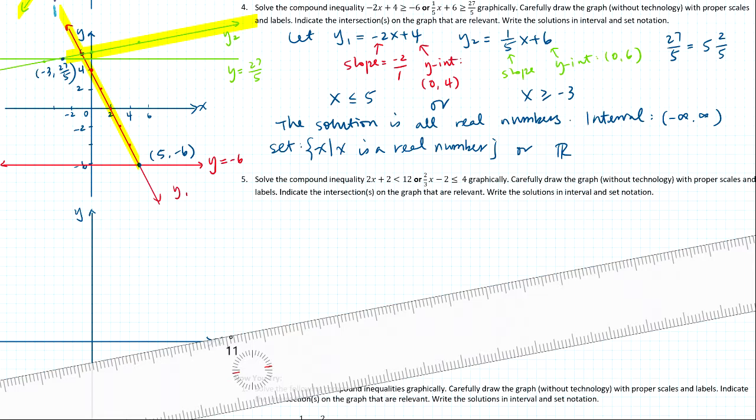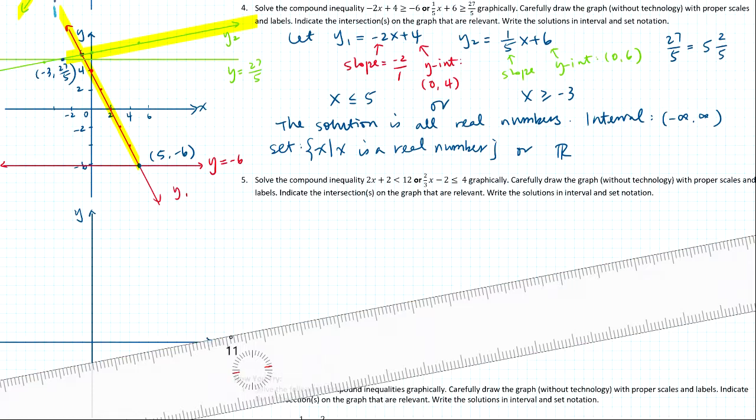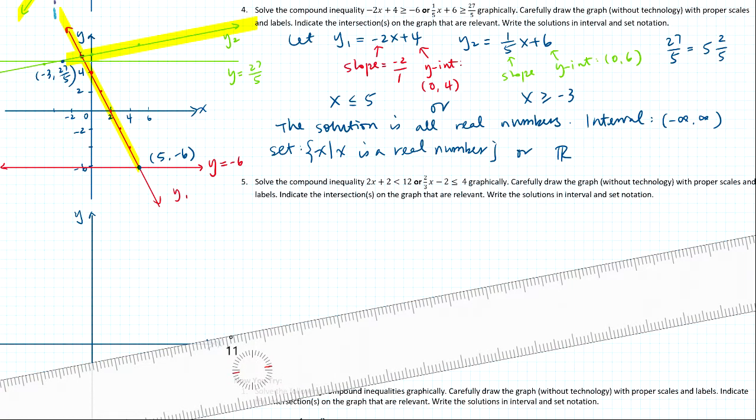So once you think you are good with this particular problem, you can move on to number 5, and we're going to do one more example when inequalities are connected by OR. So in number 5, once you get to here, take a minute to read the questions first, and we're going to again start by scaling things based on the information we have.